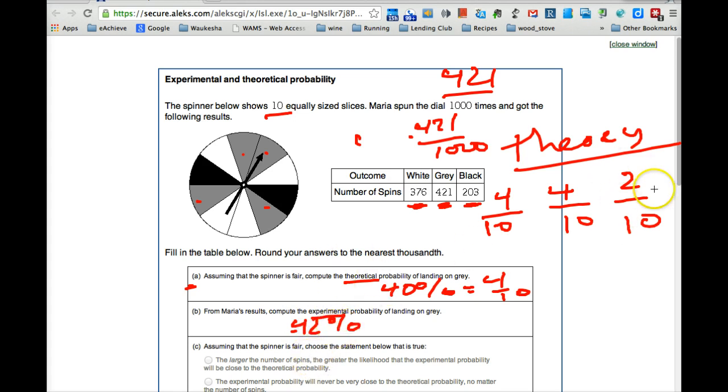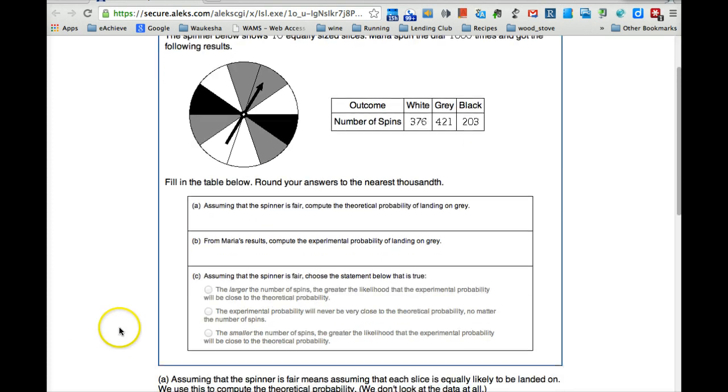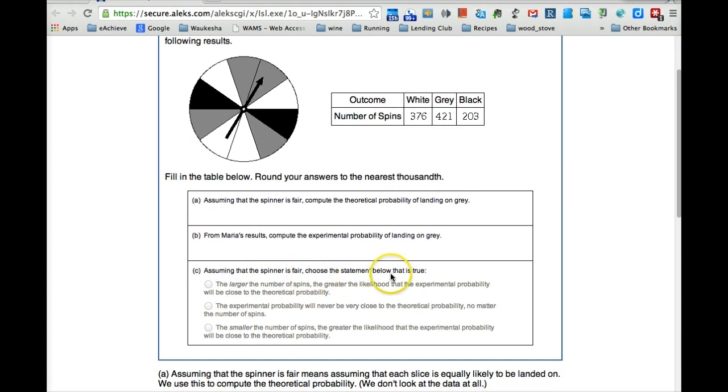Now the question for C states, assuming that the spinner is fair, choose a statement below that is true. The larger the number of spins, the greater the likelihood the experimental probability will be close to the theoretical probability. Yes, because when you're talking about experiments, the more you do it, the more you'll see a pattern.